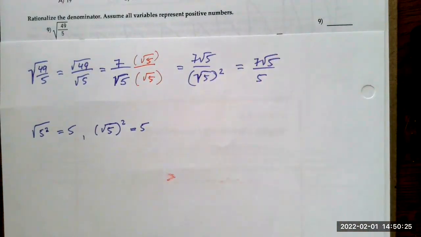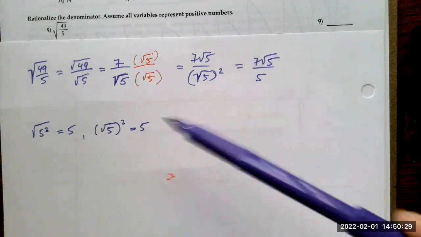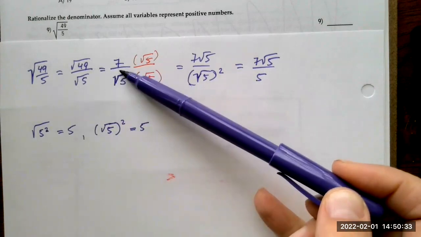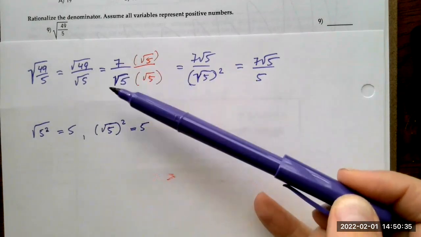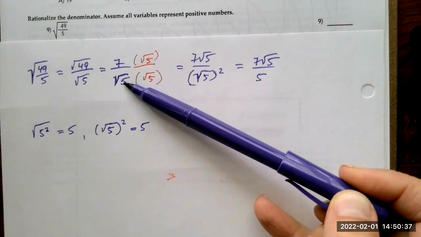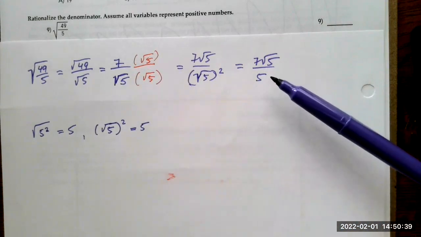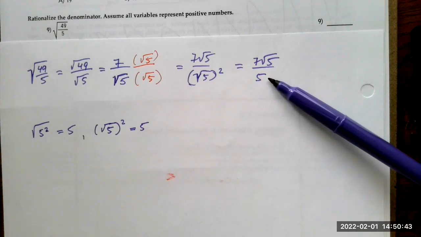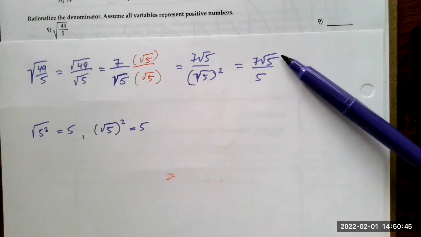It became irrational. So we traded off basically by rationalizing the denominator. Here our numerator was rational, and the denominator was irrational. So now we made our denominator rational, but the numerator is irrational.